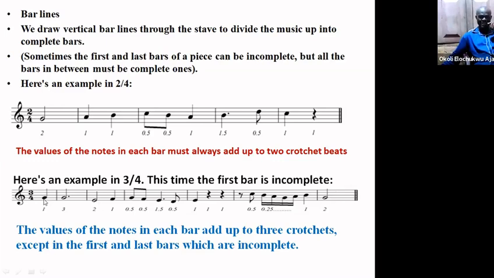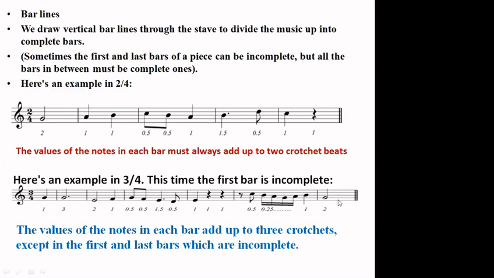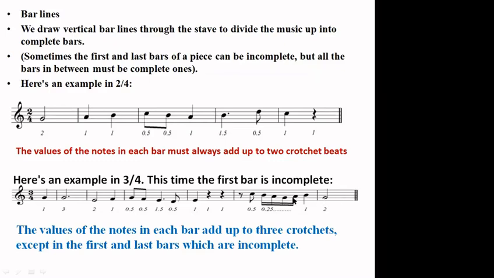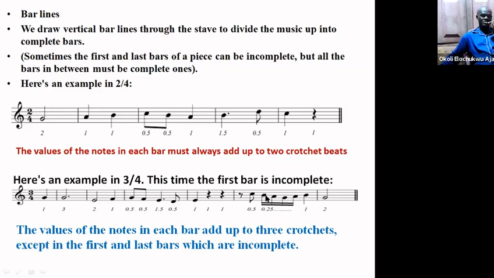When you add this 2 here plus this 1 here, it will still give you what? That same 3 crochet beats. But this type of incompleteness must not occur in the middle of the music. It can only occur at the beginning and the end. If it occurs in between the song, then there is an error. The person who wrote it may have omitted something.